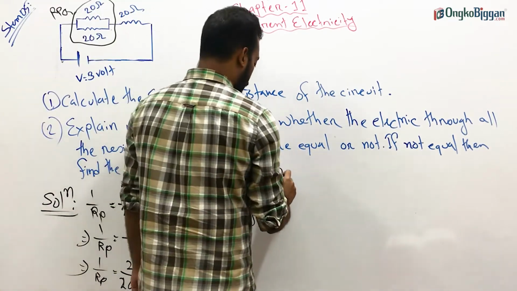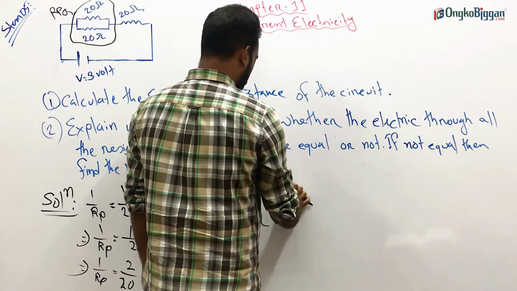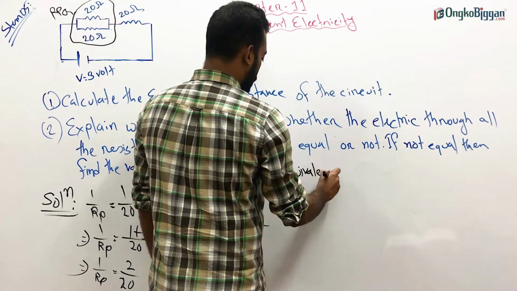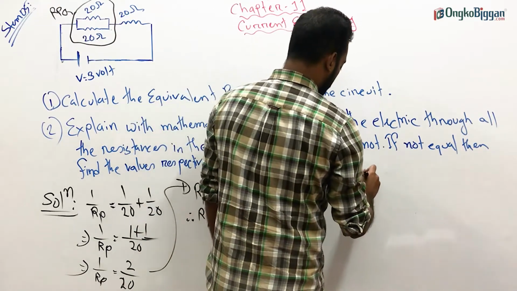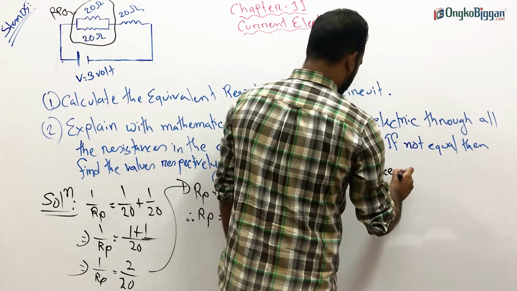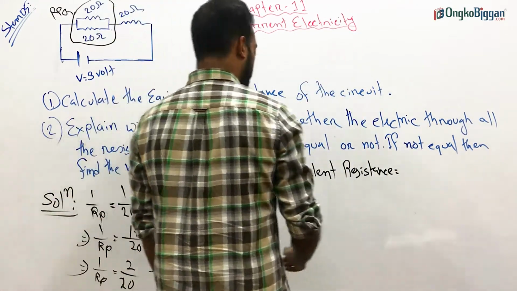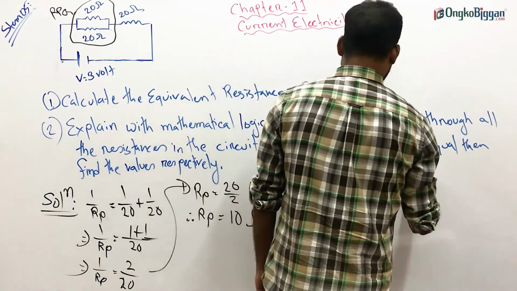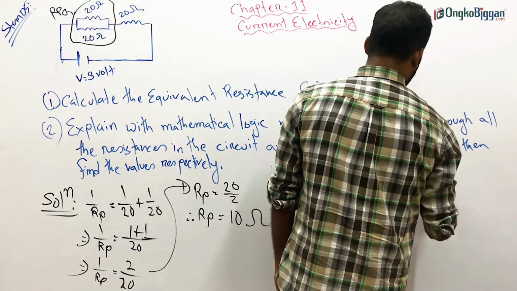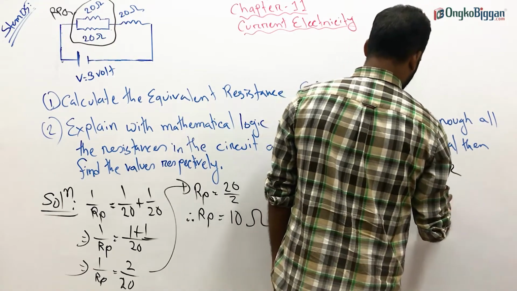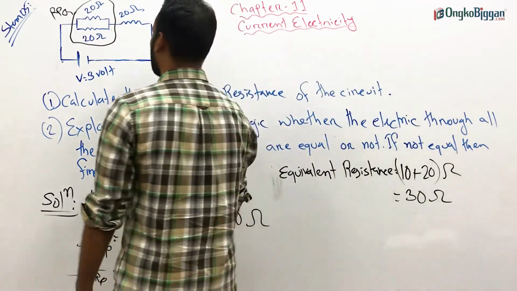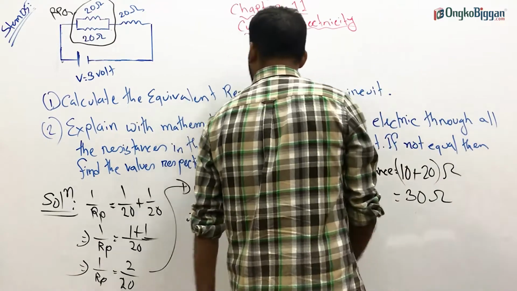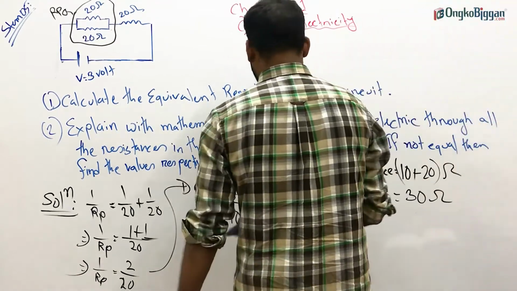So we can write now that equivalent resistance is equal to 10 plus 20 ohm, which is 30 ohm. So this is the equivalent resistance of the circuit. Simple circuit itself.